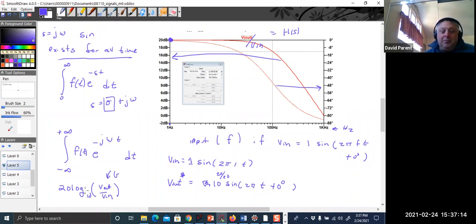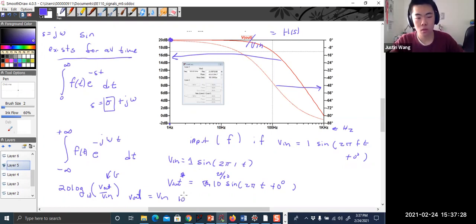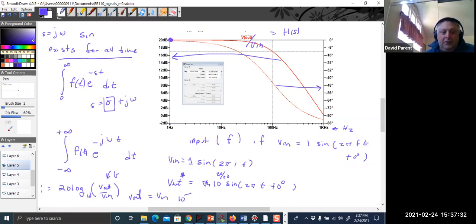I can't just multiply it in dB. So then V out equals V in times 10 to the power of the gain over 20, and this equals 20, so it'd be 20 divided by the 20. And that gives me my scale factor. Okay. It's just going backwards.